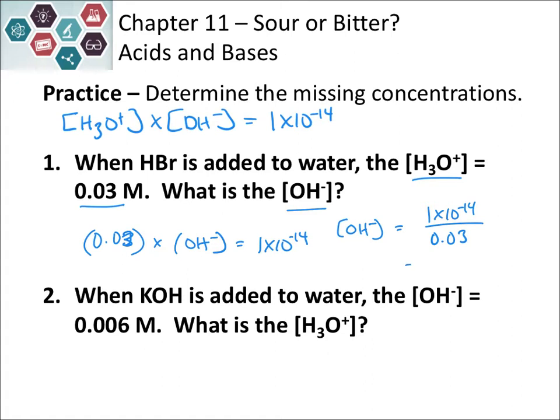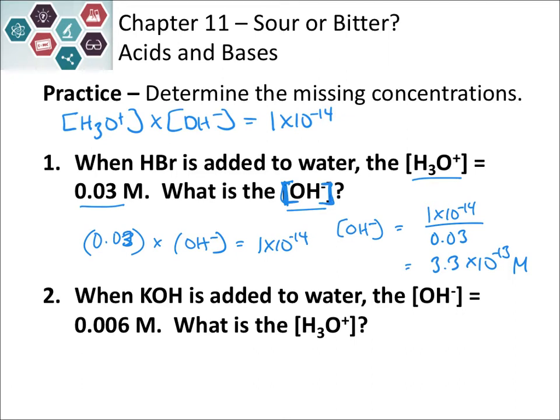So if you do that division, you end up with 3.3 times 10 to the negative 13th, and our concentration units are always going to be molar. And just as a note, anytime you see these square brackets, which we've been seeing, that stands for concentration of whatever is inside of the brackets.